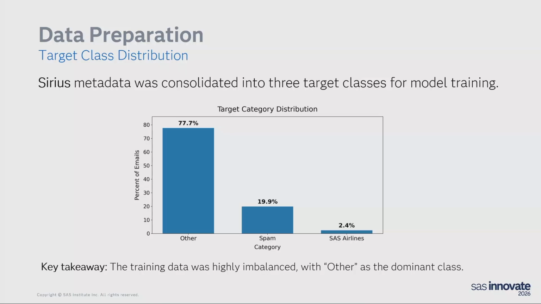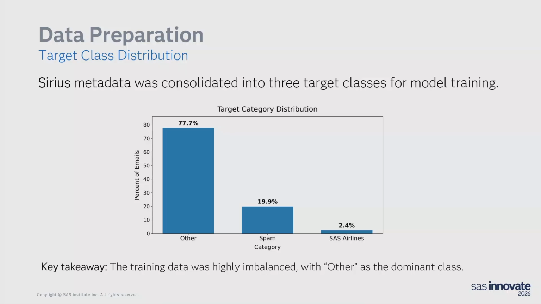From very early on, we noticed the data is very imbalanced, where the majority of emails are real customers' issues, about 78%. Surprisingly, we had nearly 20% spam in our Sirius historical data. That's quite high. And then we do have a small portion, like 2.4%, that are SAS airlines related emails. What does that really mean? I think there are two implications.